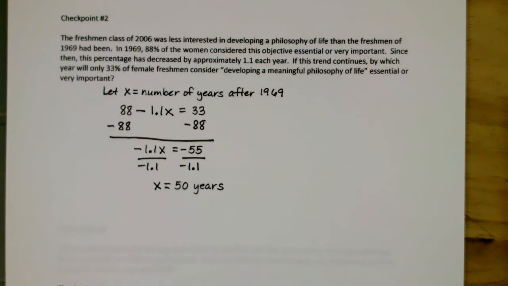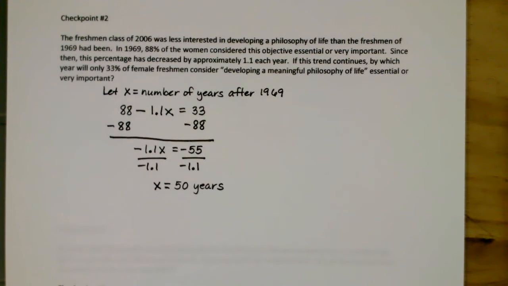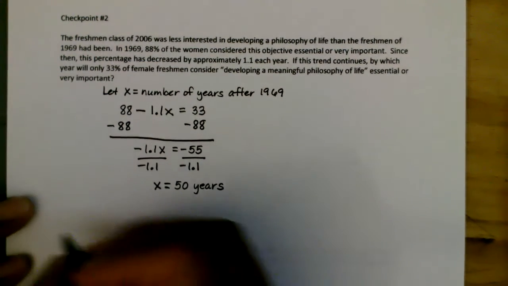Okay. So 50 years after 1969, 33% of female freshmen will consider developing a meaningful philosophy of life essential or very important. Now, if I add 50 years to the 1969, that would be 2019.